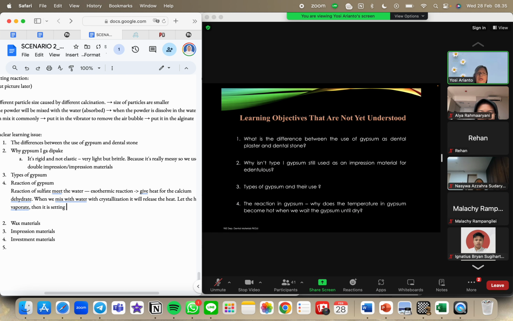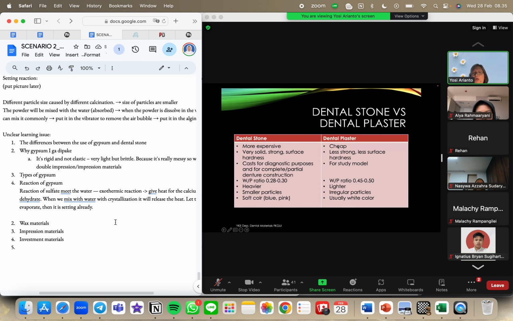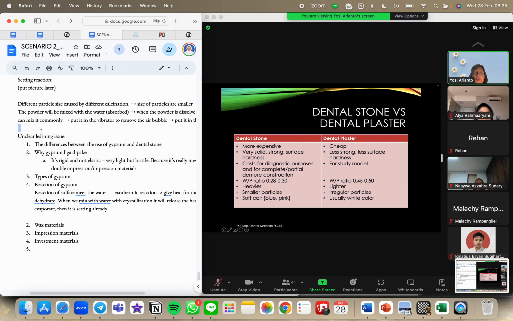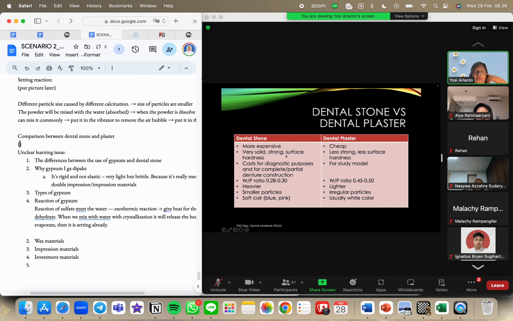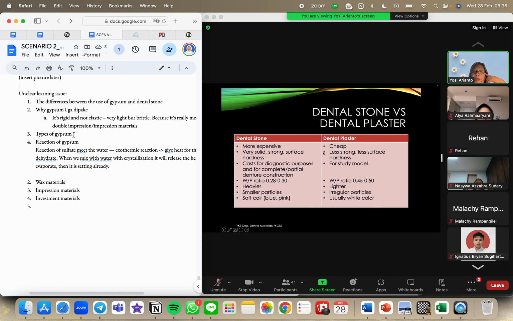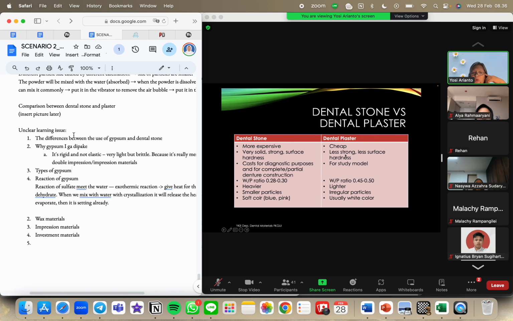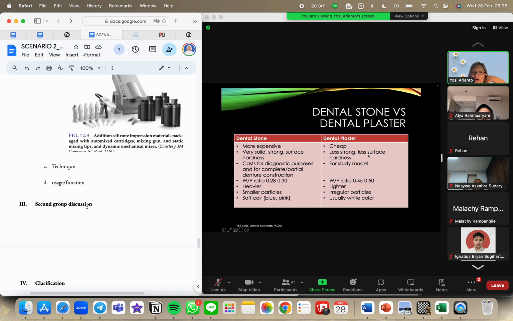Okay, we move on now. This is the comparison between dental stone and dental plaster. Dental stone is more expensive than dental plaster. You can find the dental plaster, the white one, very cheap. Dental stone is very solid, strong, and has a high surface hardness, but the dental plaster is less strong and has less hardness.